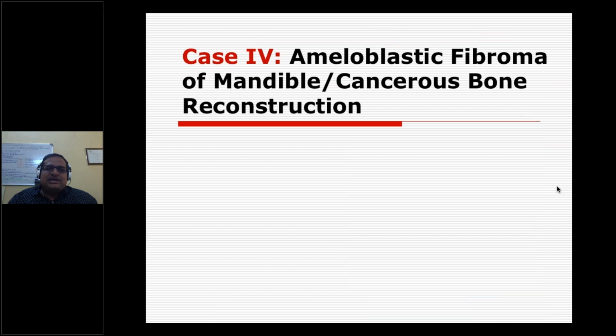And the next task, we attempted to place an implant for a cancerous bone patient who has some kind of ameloblastic fibroma of the mandible. The case background is that because of tobacco consumption, a cancer has developed, so we need to remove the cancerous mandibular joint and it should be augmented.